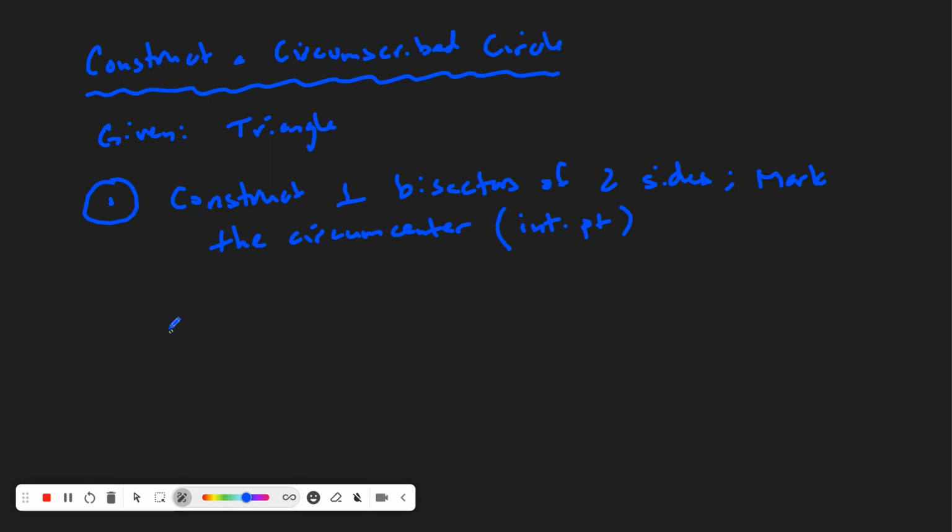Once you have the circumcenter marked, you are then going to take a compass, right?